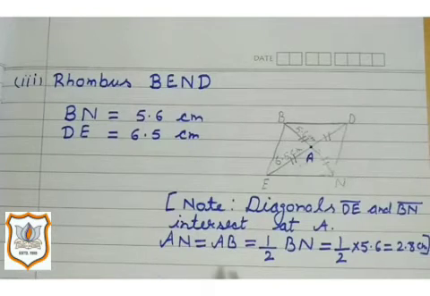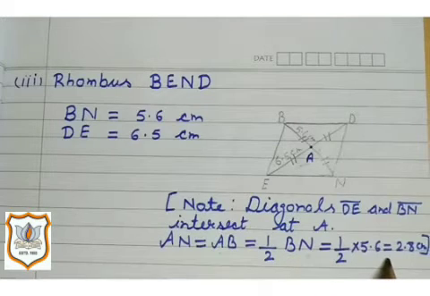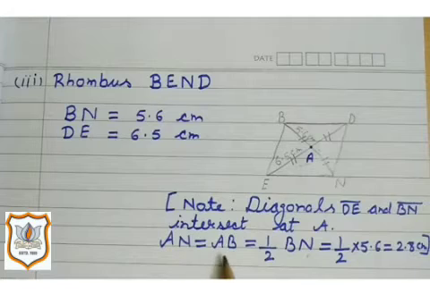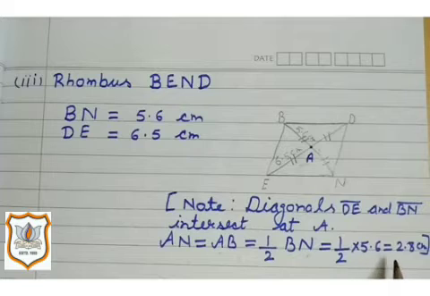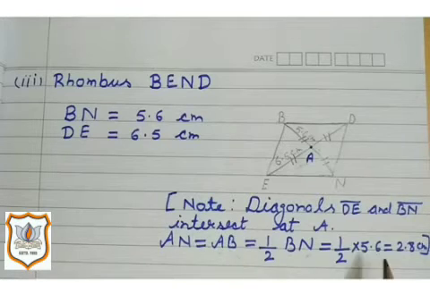Now we will take AN is equal to AB is equal to half of BN, and BN is given 5.6 centimeter. So AN and AB are half of 5.6 centimeter, which is equal to 2.8 centimeter. So the length of AN and AB are 2.8 centimeter.